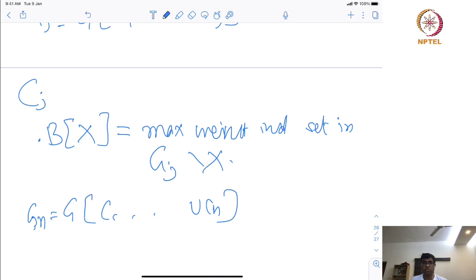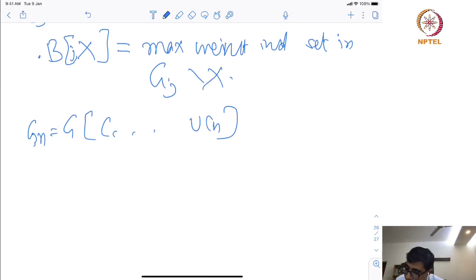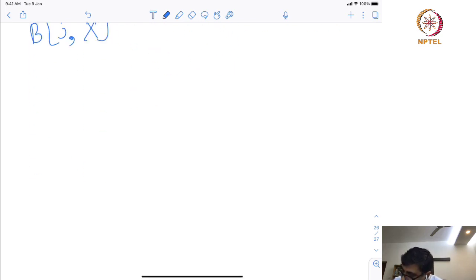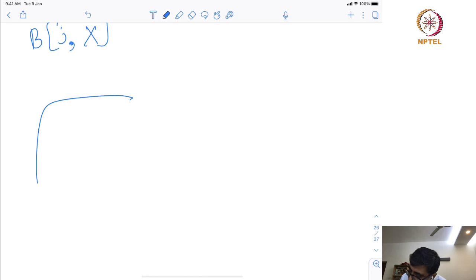Rather than writing this, we can write B of j comma x as the max weight possible independent set in Gj minus x. Let us see how we can compute Bj x. Let us try to understand what happens. Here is a piece of graph for which all this information is available.